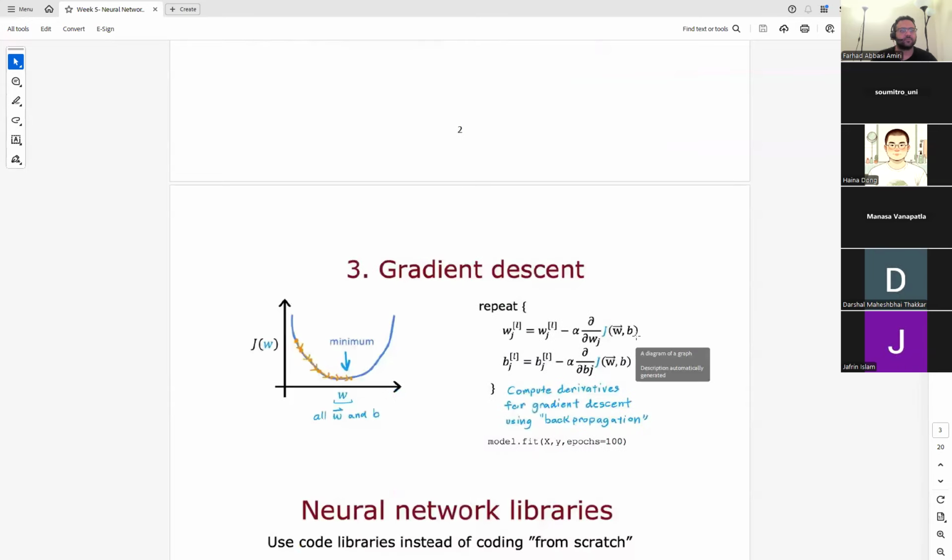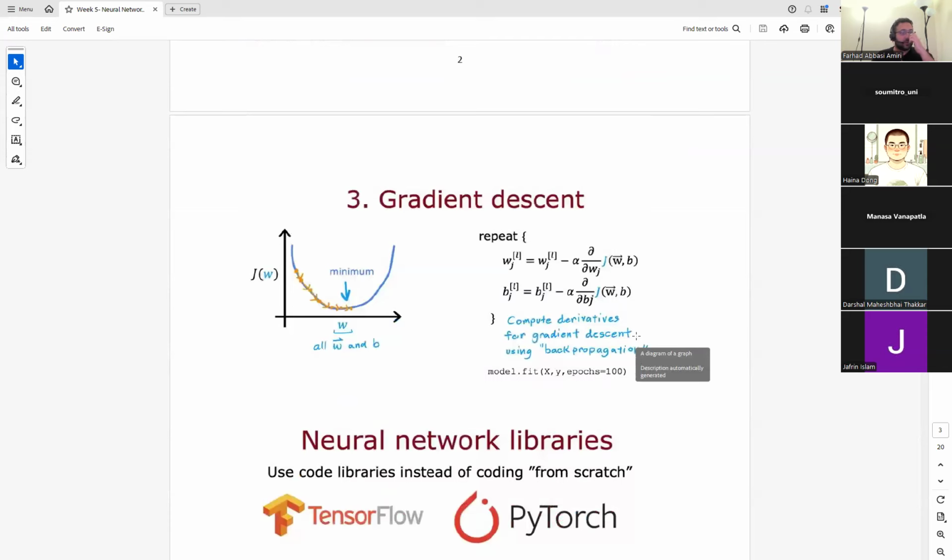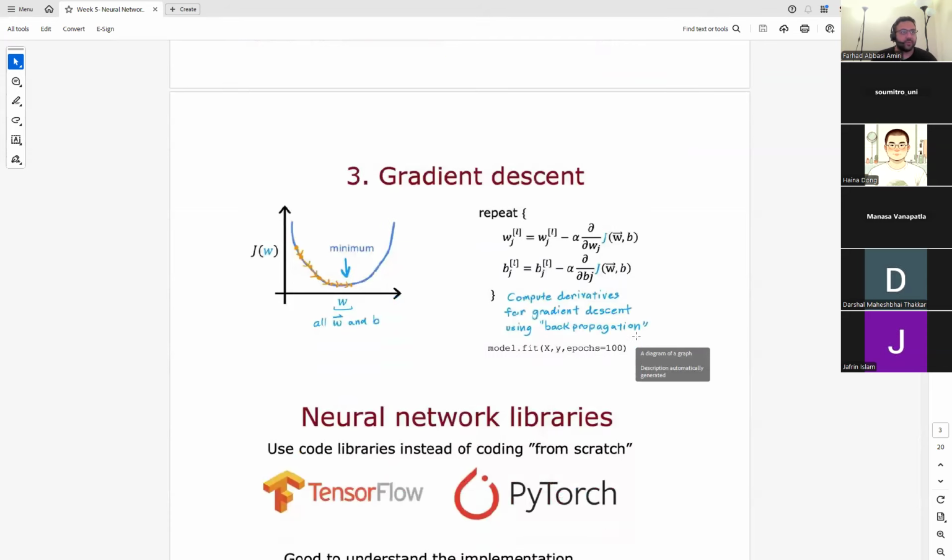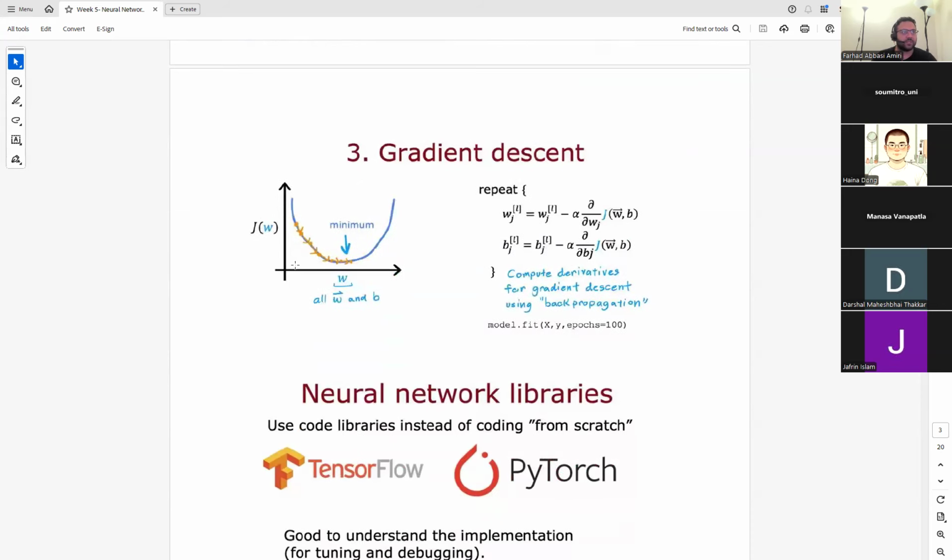So gradient descent. You remember gradient descent, right? For example, if this was the cost function against a model parameter w, we had a hammock shape or bowl shape like this, right? You remember from the first session, the linear regression session.